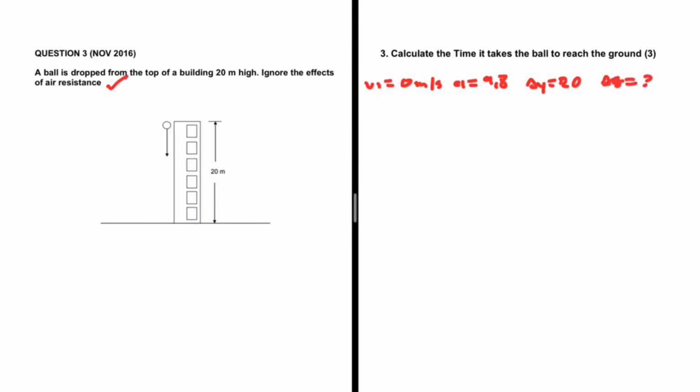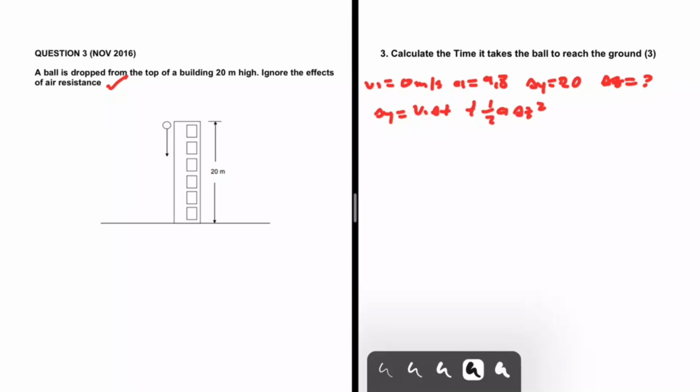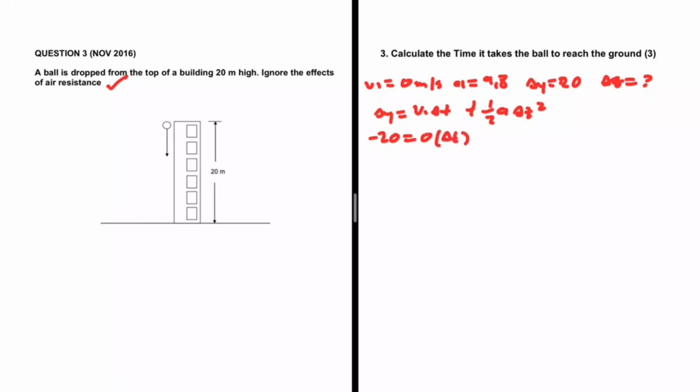With these 4 variables, we can use delta y is equal to Vi delta t plus half acceleration delta t squared, of which delta y is minus 20. Vi is 0, so we're going to have 0 multiplied by the change in time, right?